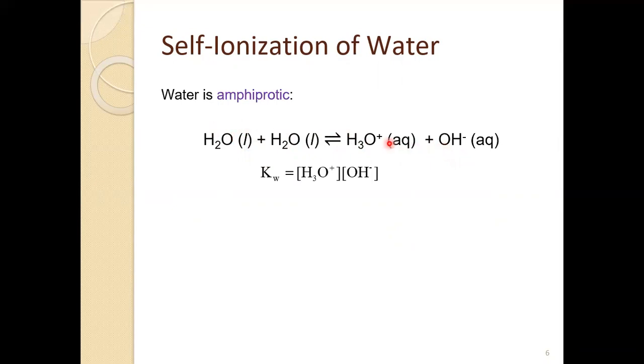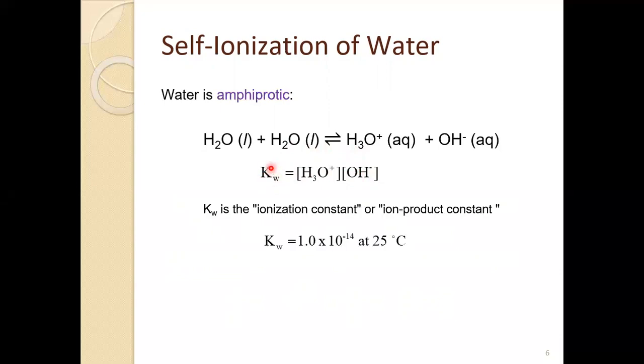And it turns out that for any type of aqueous solution or even pure water, there's an important property due to this reaction. It says that the molar concentration of hydronium, and these brackets indicate molar concentrations, times the molar concentration of hydroxide must equal some constant. And that constant at about room temperature is 1 times 10 to the minus 14.